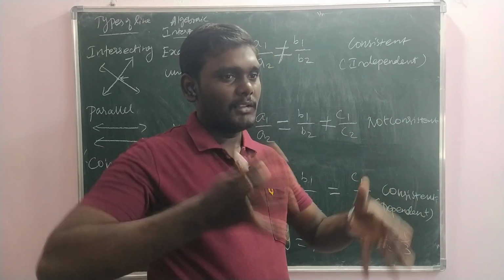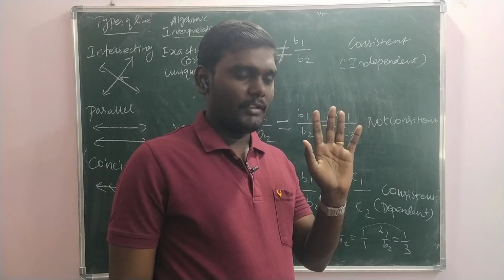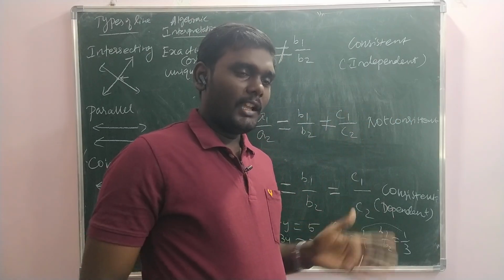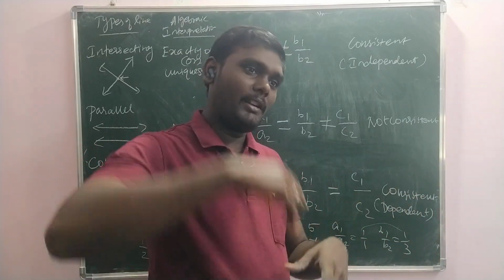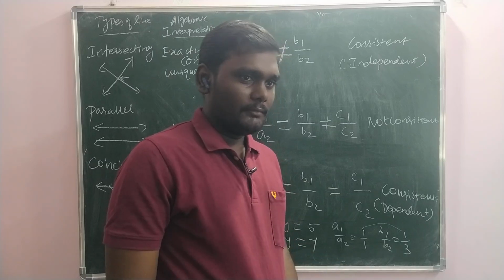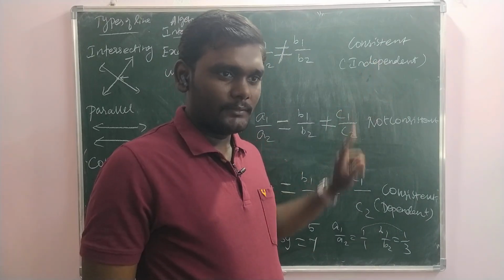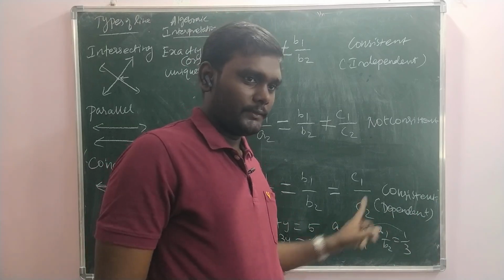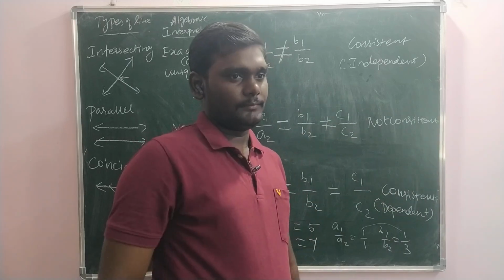Or else we can remember this in this way. Unique means single, an independent guy. We can't touch him. Infinitely many, a cluster of people, always depend on some other people. So when they say independent and consistent, unique, he is the boss. Here they are the employees. A cluster of people, infinitely many, they are dependent on another. Got it?